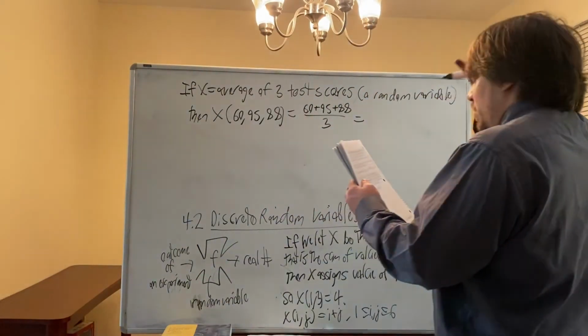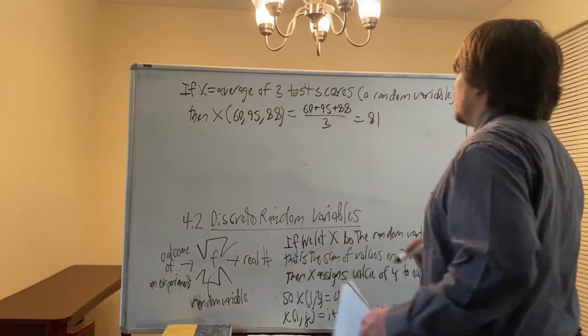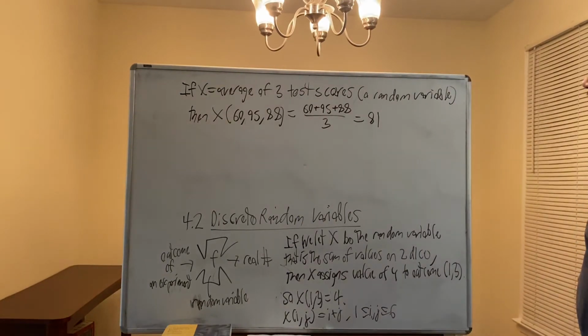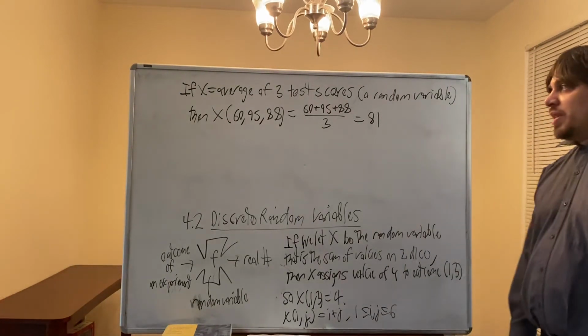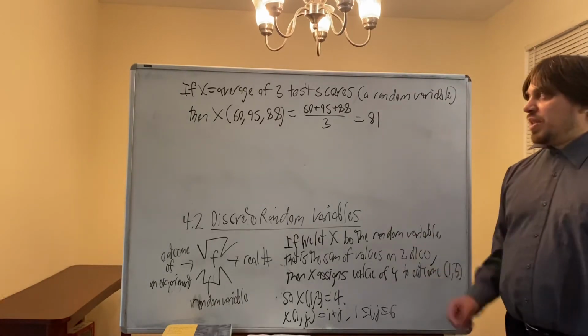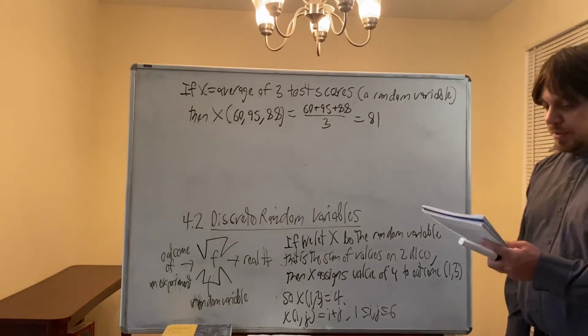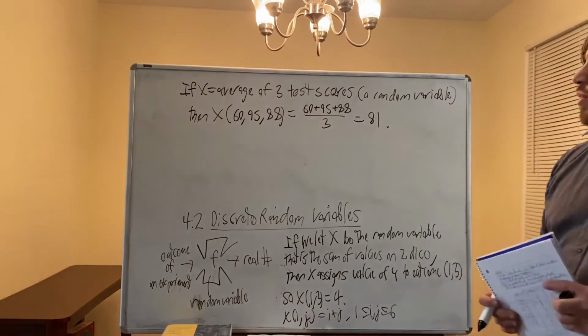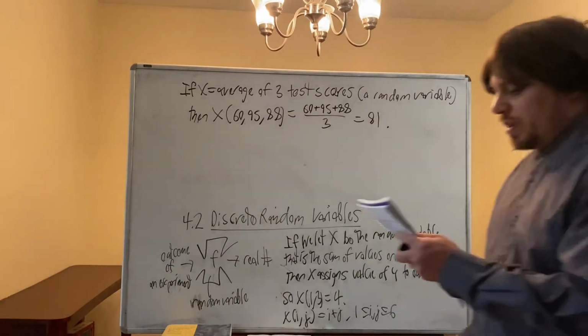And so that is equal to 81. So if X is the average of 3 test scores as a random variable, then X of 60, 95, 88 equals 60 plus 95 plus 88 divided by 3, which is 81. Okay. It's just the average of those 3 test scores. You add them up, all 3 of them, and divide by 3.